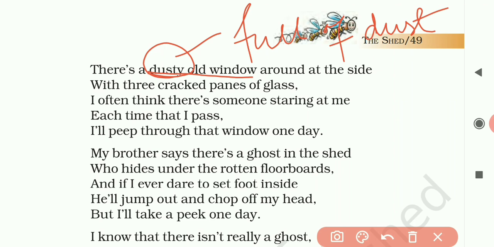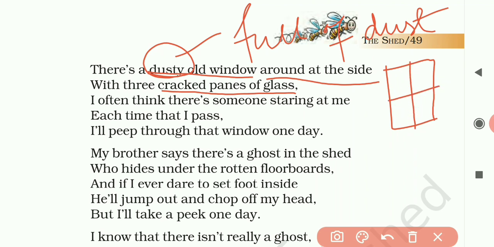There is a window, and that is fully covered with the dust, with 3 cracked panes of glass. Suppose this is the window. Let us consider that this is the window, and suppose that there are 4 chambers in it. Then in these 4 chambers, 4 glass panes are being used.